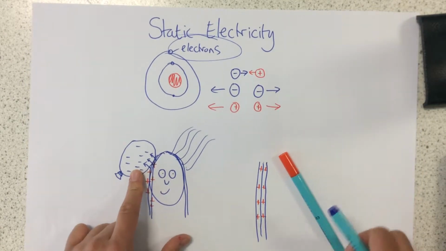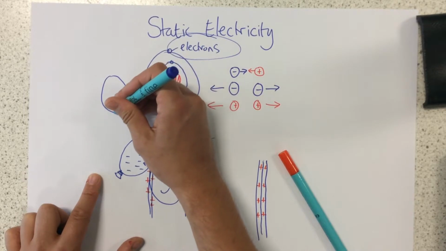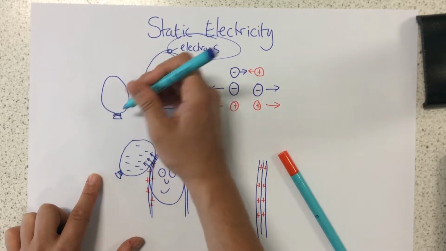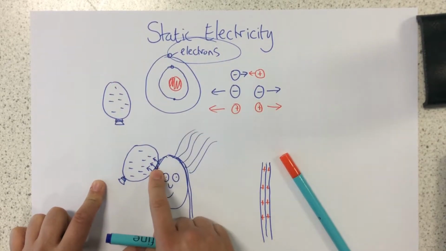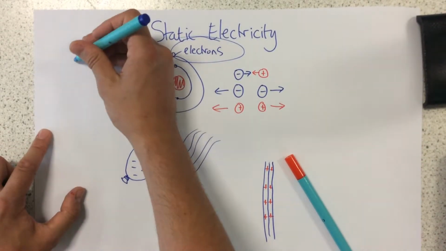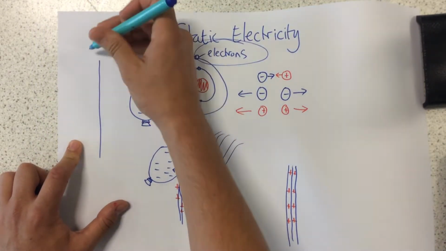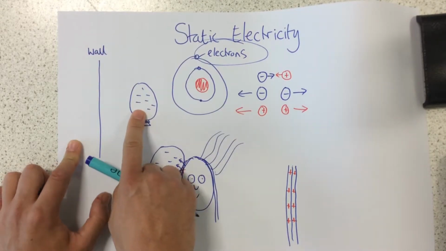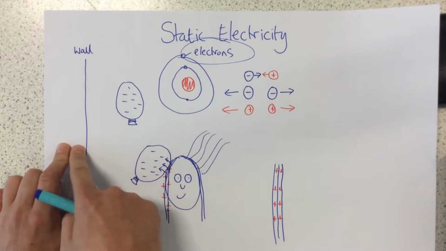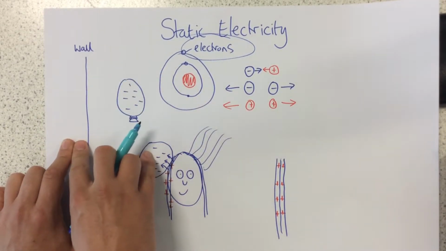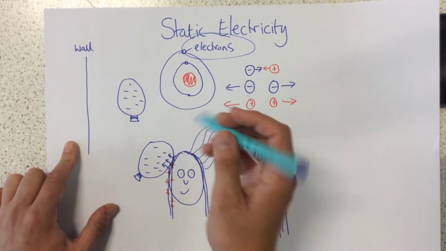Let's see another example. Let's imagine I've got my negatively charged balloon. Negatively charged, remember, because it's had loads of electrons transferred into it, because we've rubbed these two insulating materials together. And I start to bring this balloon close to this wall. The wall is made of matter, so it contains protons, neutrons and electrons, because it's made up of atoms.